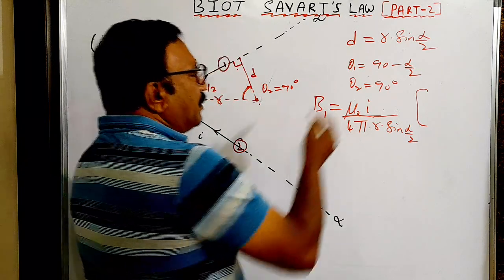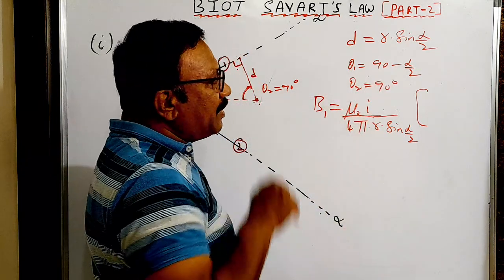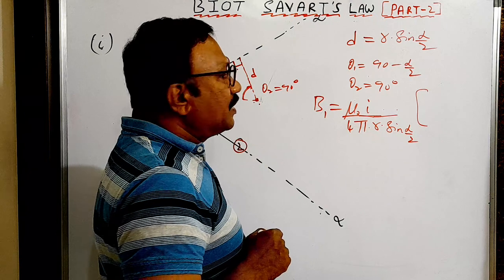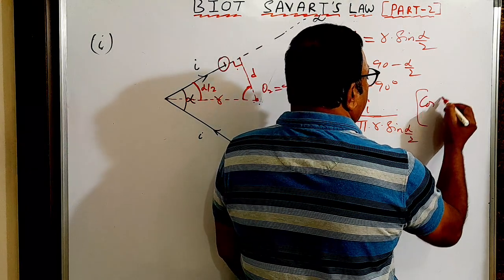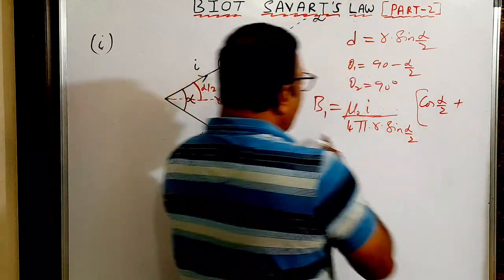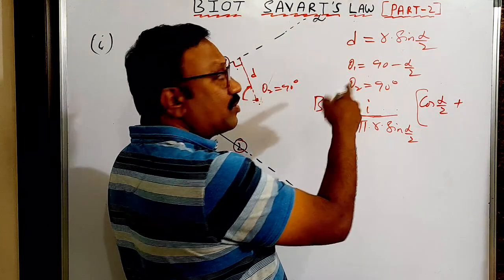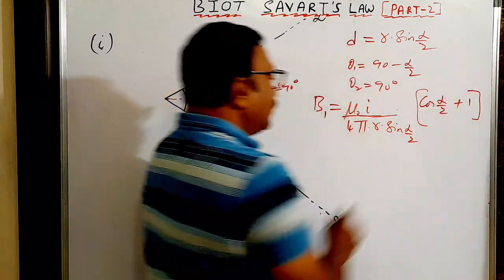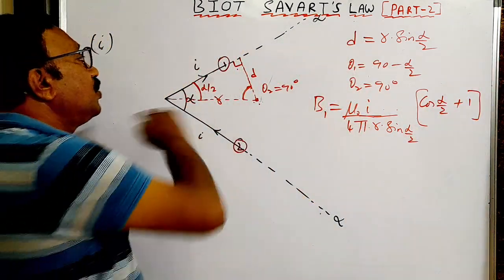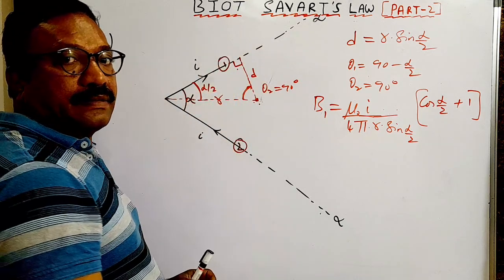Sin theta 1 is this. Sin of 90 minus alpha by 2 is how much? Cos alpha by 2. Plus what is the other angle? Theta 2, 90 degrees. So sin theta 2 means sin 90, that is 1. So this is the magnetic field due to this wire here.